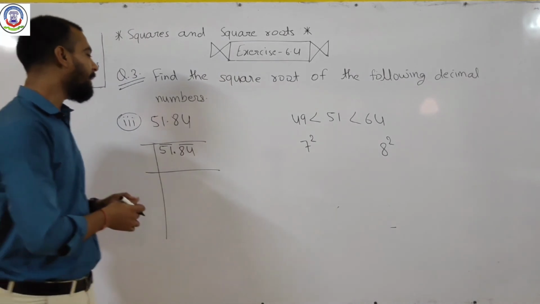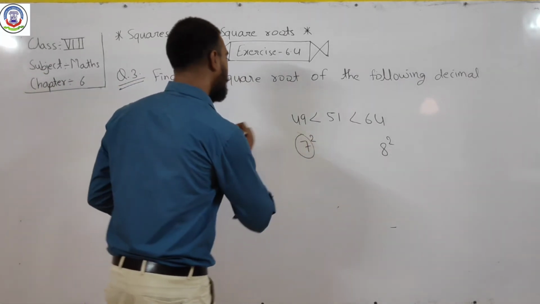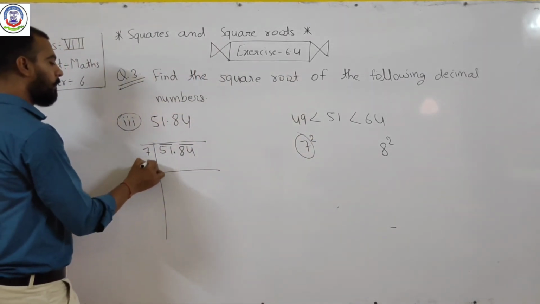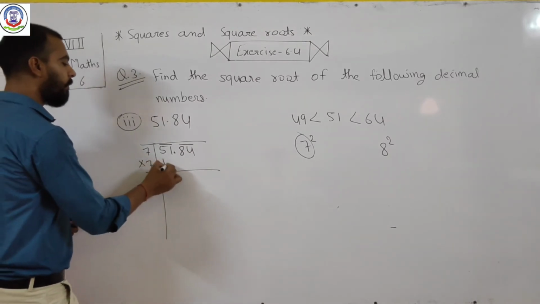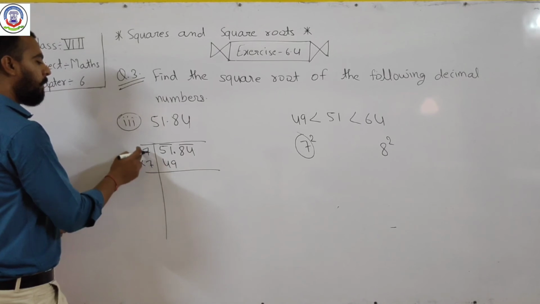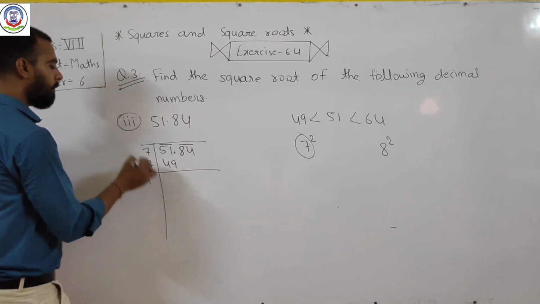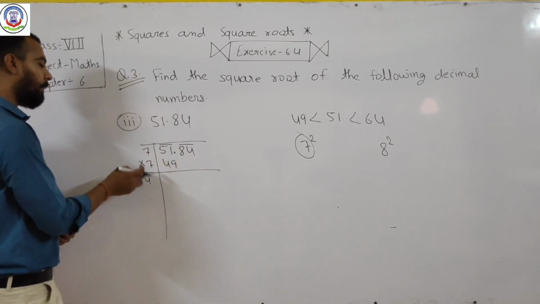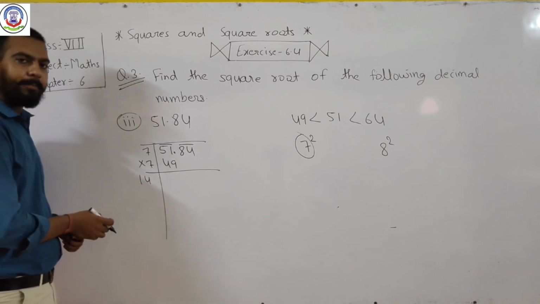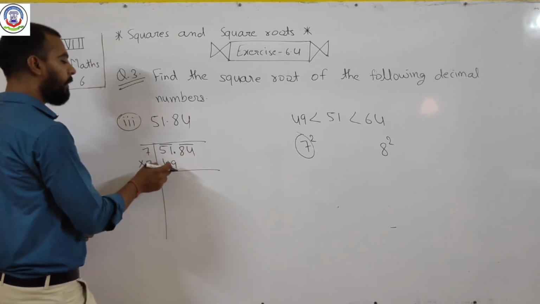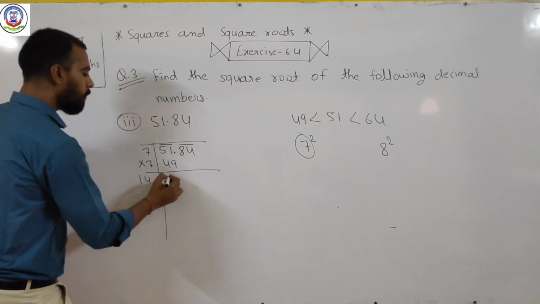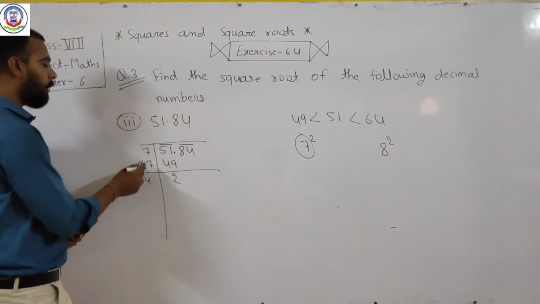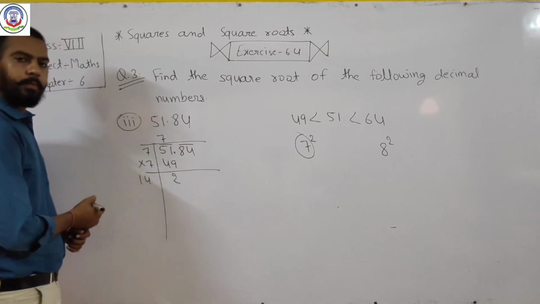That means we have to take 7 here, and the multiplication of 7 and 7 will be 49, and the addition of 7 plus 7 will be 14. And 51 minus 49 will be 2, and you have to write 7 here.